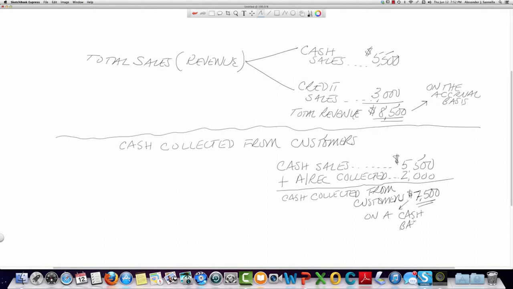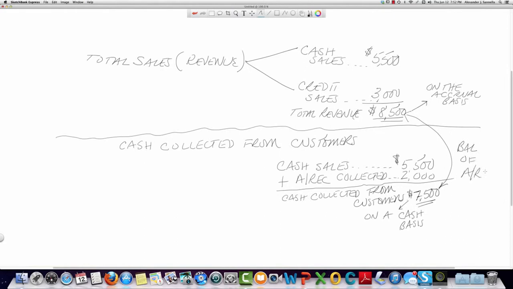Now, you have to think about the way we would operate as individuals. If we worked for a couple of weeks or a couple of months and we earned $8,500, but we only collected $7,500, we would still say that our earnings are $8,500. And the difference between the two is the balance that someone owes us.